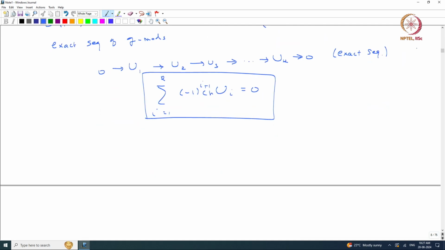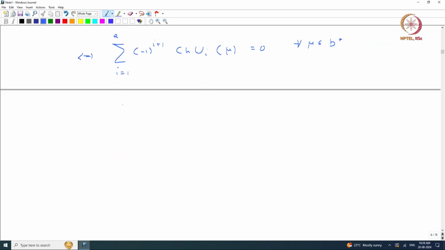Let us talk about the long exact sequence itself. If you take the summation of (-1)^{i+1} times the character of u_i equal to 0, proving this is the same as proving that if you evaluate on any mu, it should be 0. This is equivalent to saying that the sum of (-1)^{i+1} times the character of u_i evaluated at mu, for i ranging from 1 to k, should be 0 for all mu in H star.